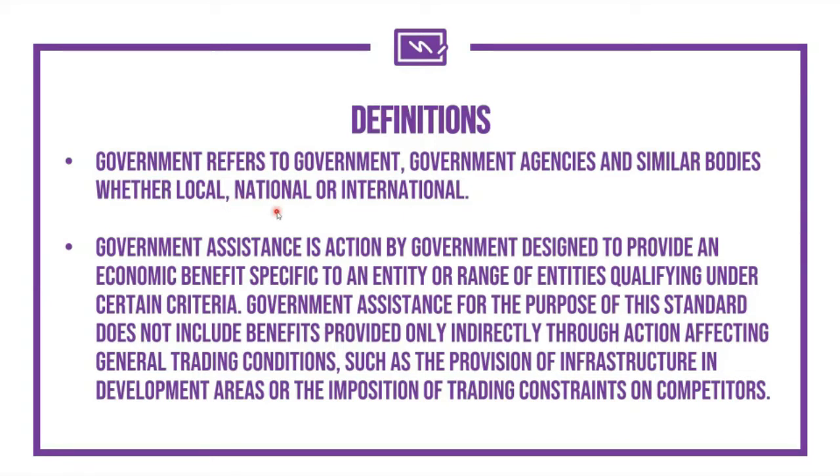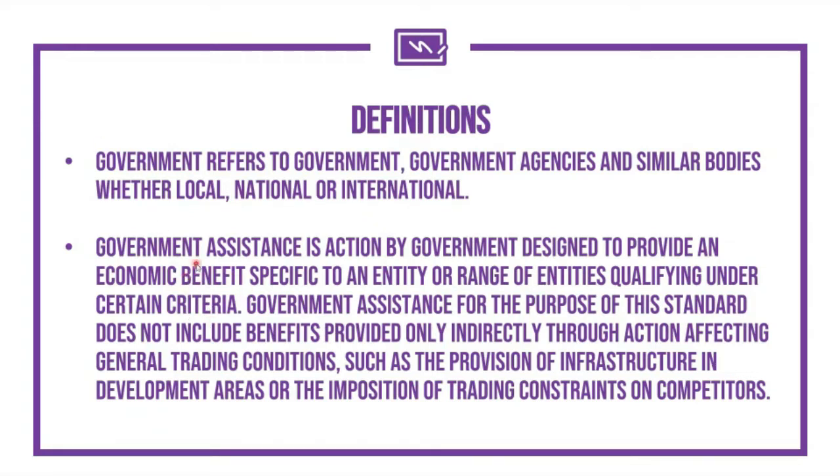The national government, so in this case in the Philippines, it's going to be the national government of the Philippines, or international, meaning any grant given by any foreign government. Let's say, for example, the government of Singapore, the government of Korea, or whatever, that are granted to a specific entity in the Philippines. So that's what we pertain to the government here.